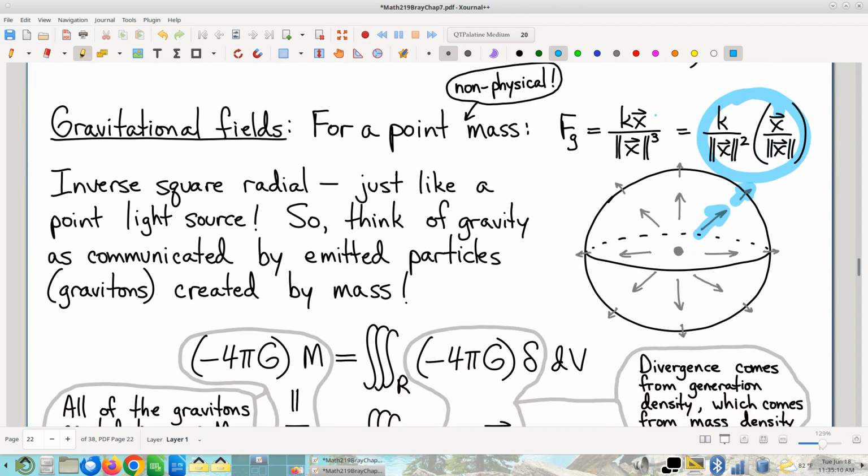Whether this is physically true or not, couldn't care less. But gravity behaves as if it is a bunch of emitted particles created by mass. It's as if every particle of mass is shooting out little particles that kind of behave like photons.